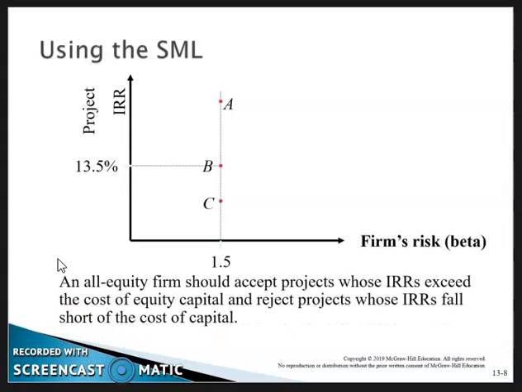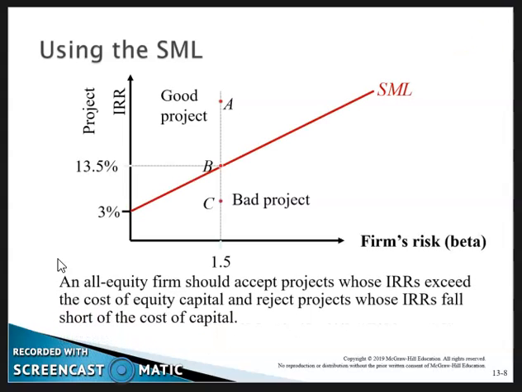And the security market line is going to go through project B. So we would accept projects A and B and reject project C. We will continue with the discussion of the risk-free rate in the next lecture.